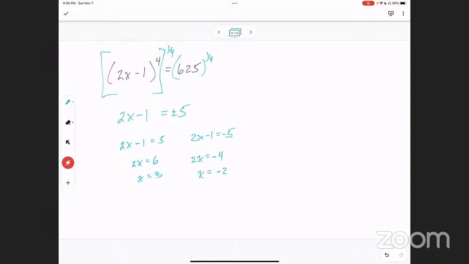Let's check them, plug them in. If you put a 3 in here, what's 3 times 2? 6, 6 minus 1 is 5. Perfect. What's 2 times negative 2? Negative 4, minus 1 is negative 5. Perfect. They all look right.